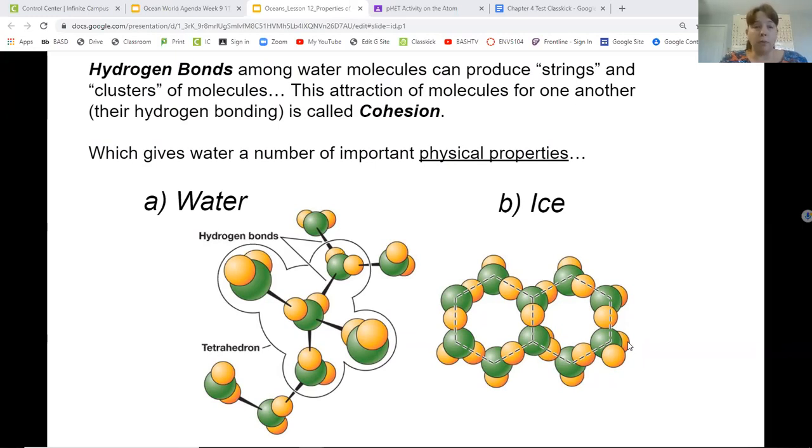The term you probably talked about in biology was cohesion. Cohesion just means a water molecule is attracted to another water molecule. So that hydrogen bonding causes cohesion.